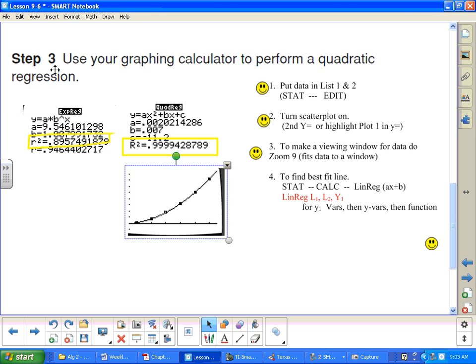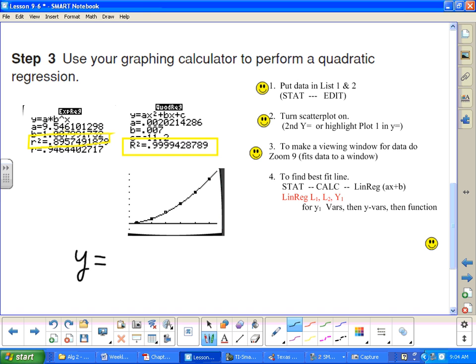So then they asked us to find the best fit line. My best fit line here is going to be y equals 0.002x squared. Okay, the value of a is 0.002.